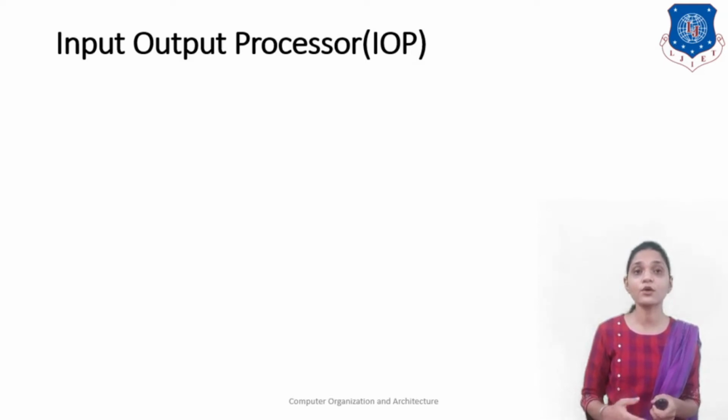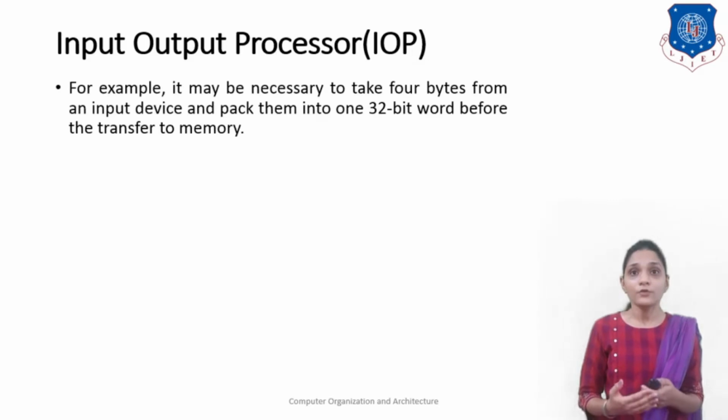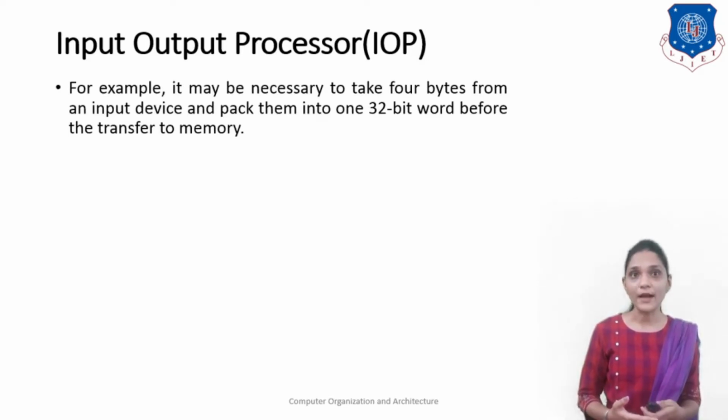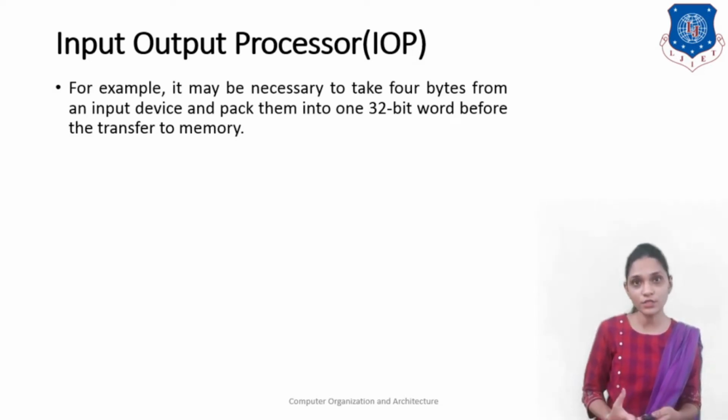It can be a printer or auxiliary memory or anything. For example, it may be necessary to take 4 bytes from the input device and pack them into a 32-bit word before transferring to the memory, because maybe your memory word size is 32-bit.